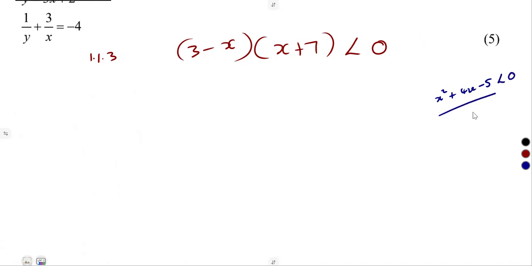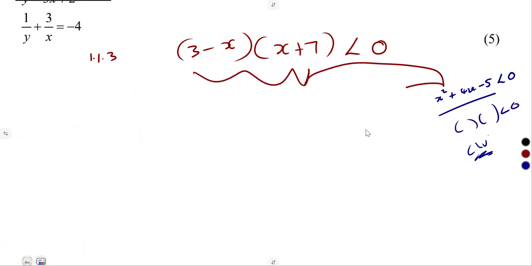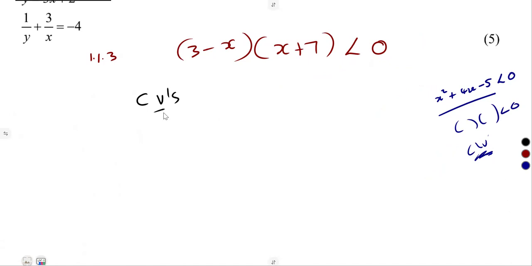Then you factorize whatever that you're going to have so that you obtain the critical values, isn't it? So in our case, guys, already the factorization was done for us. So there is no need for you now to start to expand, because expanding, you come back here, then you factorize again. Already they factorized this for us. So just find your critical values first.